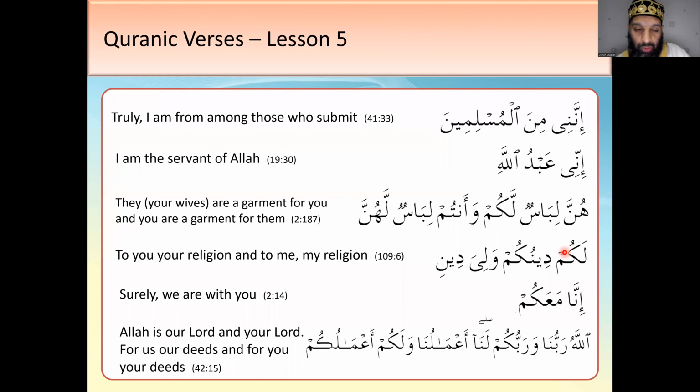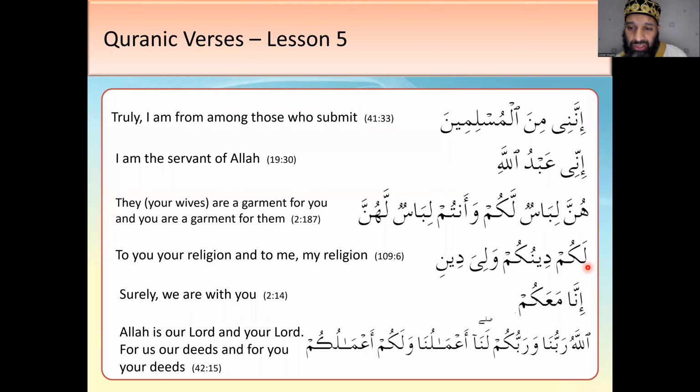Next one. Oh, look at this one. Lakum. Translate lakum. We've done it today. What I would advise is go over the recording again to get it in your head more. Second time you hear it, you pick up more things. Lakum, for you all. Not just talking of singular, for you all. Over here, let's just go with a professional translation. To you, okay? To you all. Dinukum. See, if you understand la to mean for all the time, you're still going to know in your mind what it's meaning.